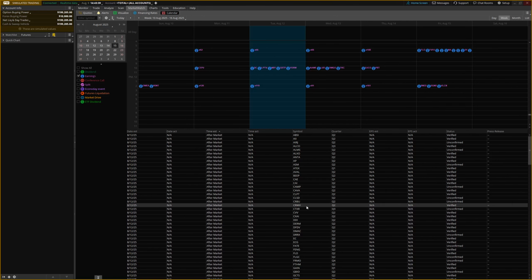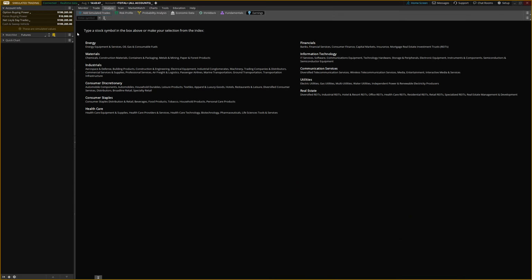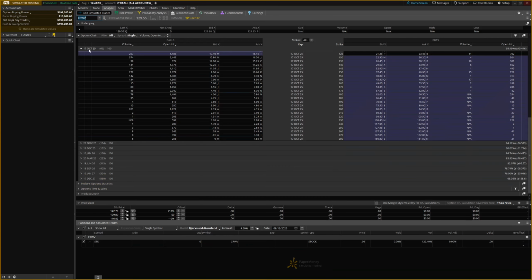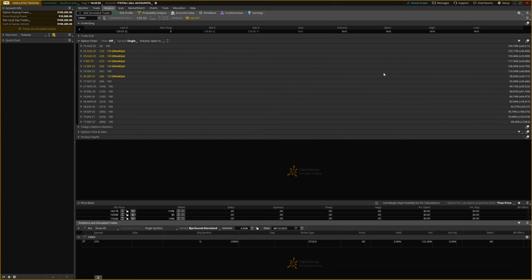So let's just say CoreWeave, which is probably going to be something that I do play this week. Probably, we'll see. We're going to build this trade here in our little analyzer. So we type in CoreWeave, look at the options chain, see if it's a candidate, and it is a candidate. And as you can see, this is what you want to see.